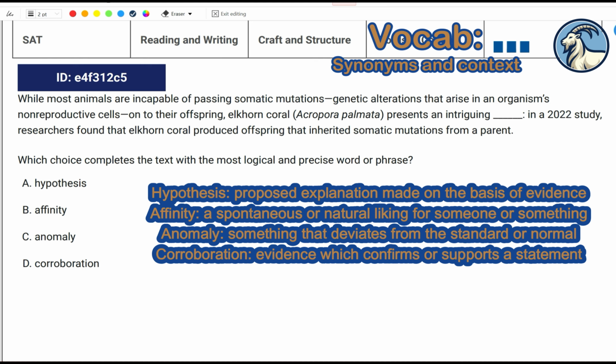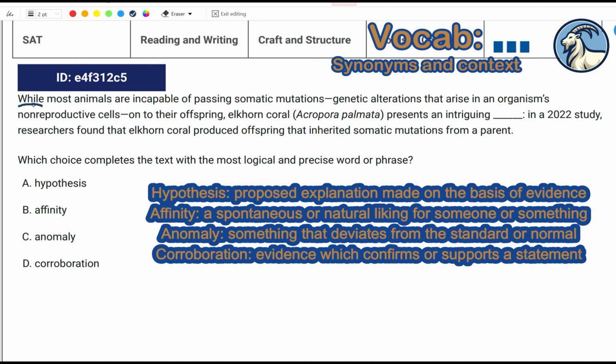And we know that we're supposed to be looking for synonyms or some sort of clue in the passage. Here, a word that really sticks out to me is this word right here, while. While, more, less, these sort of comparisons, these sort of negative sentence modifiers tend to be really key in finding the synonym or idea we're trying to think about.